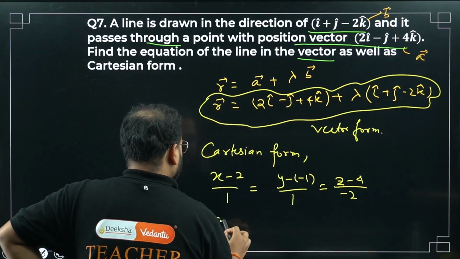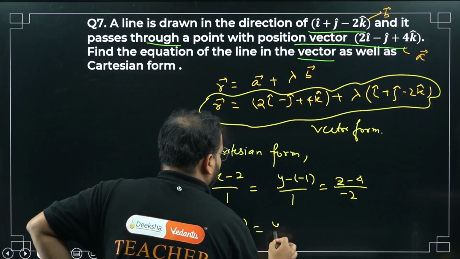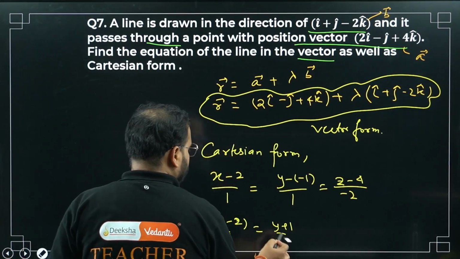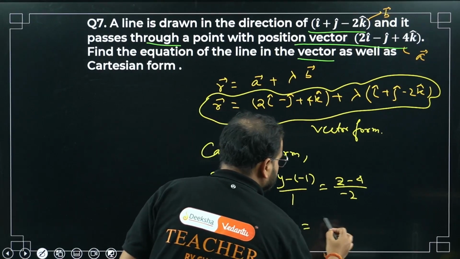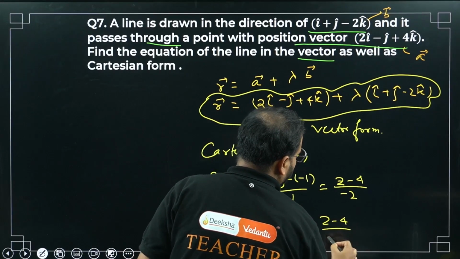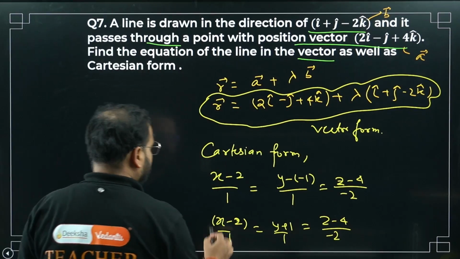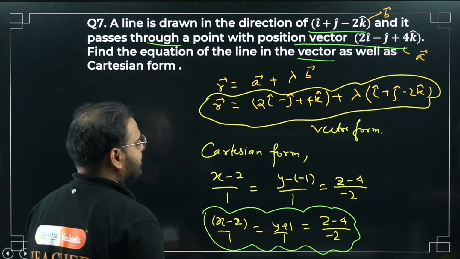Simplify this: x minus 2 upon 1, y plus 1 upon 1, and z minus 4, or I can write it as 4 minus z upon 2. Both of them will be right. This is your final answer for the equation of the line in Cartesian form.